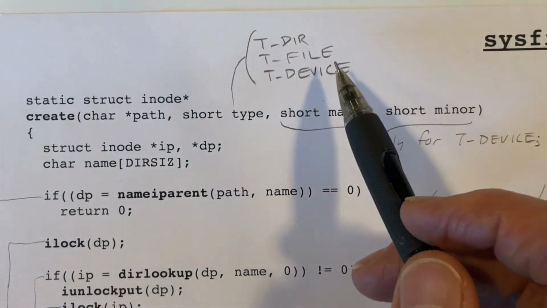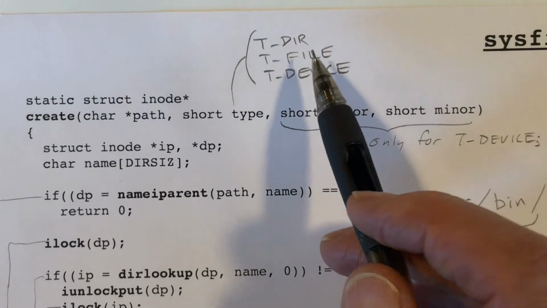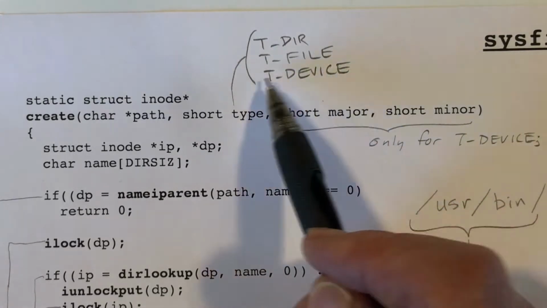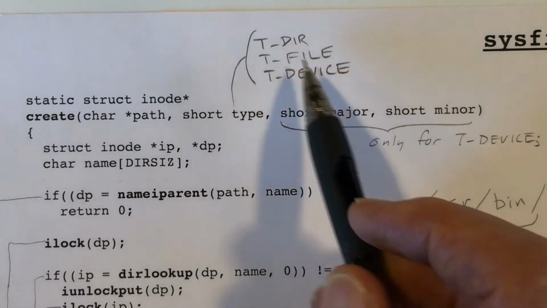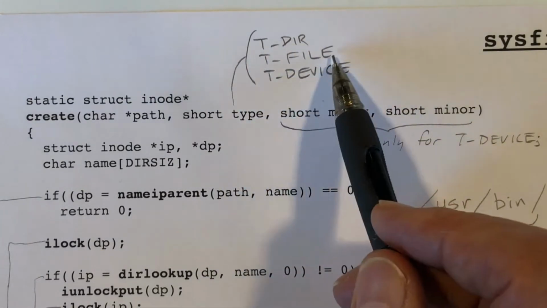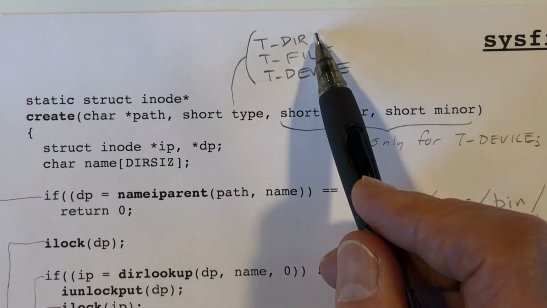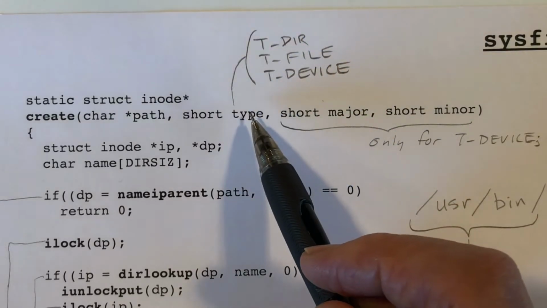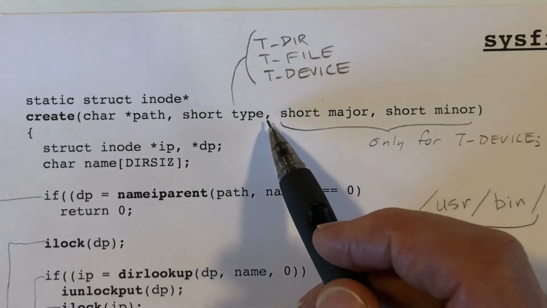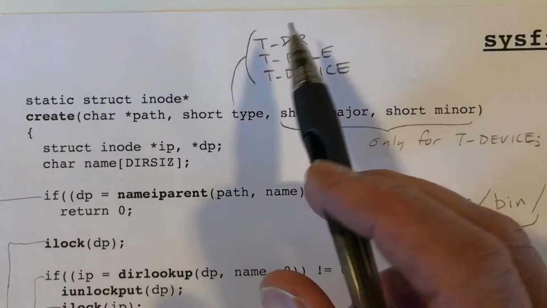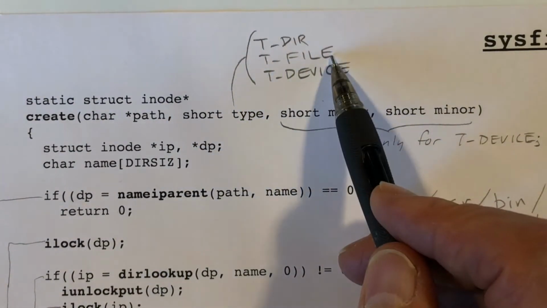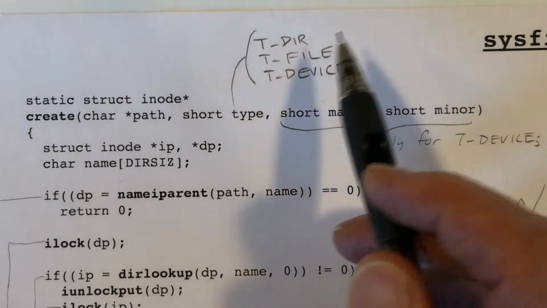For the make node system call, it's for adding a device file, and so type will be device. For make directory, we're creating a directory, so type will be directory. And finally, the open system call has the option to open a file and create it if it doesn't exist. So when called from open, the type will be file.